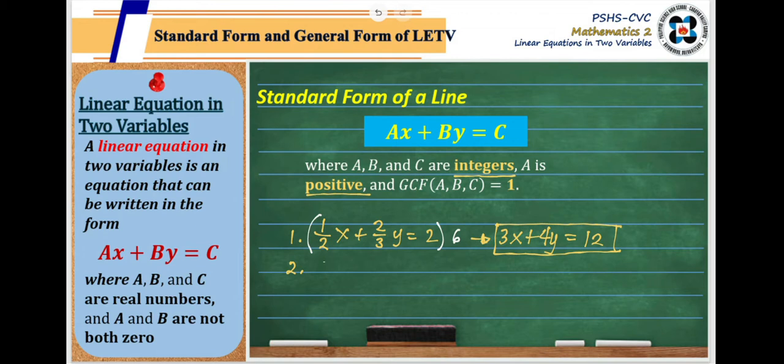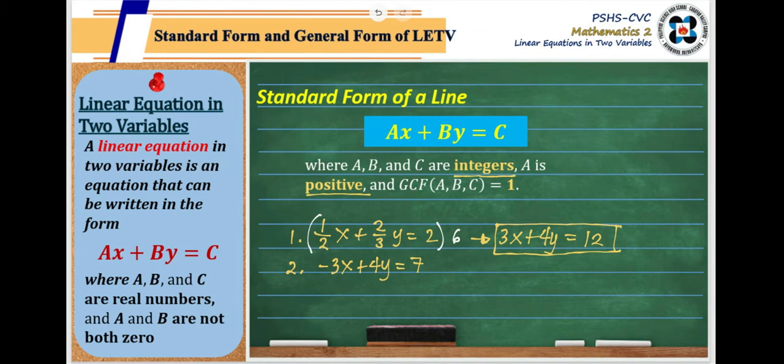So how about the equation negative 3x plus 4y is equal to 7. Is this equation already in standard form? Okay, so let's look at the values of a, b, and c. So a is negative 3, b is equal to 4, and c is equal to 7.